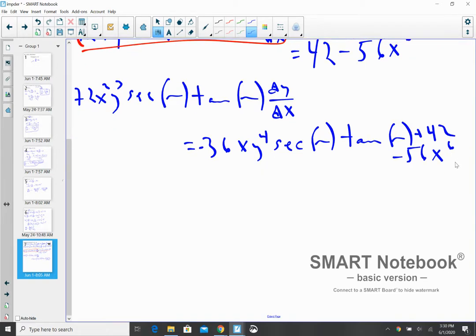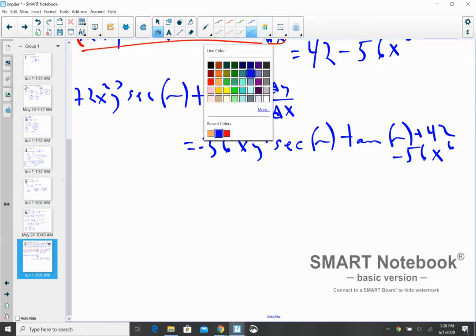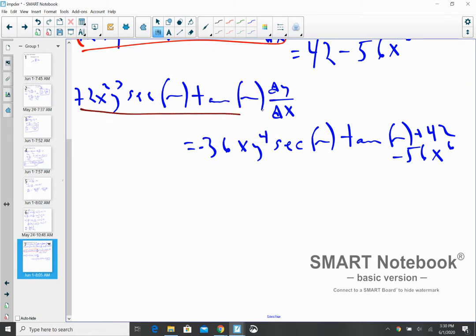Here's the coup de grace. So now you're going to take this stuff. Let me highlight the stuff I'm referring to. Let's go for a darker red. That's all this stuff right here. That's the coefficient of the dy dx. So that's the part you're going to divide over to the other side.